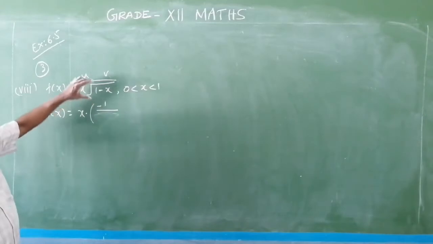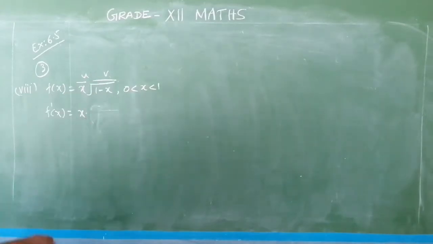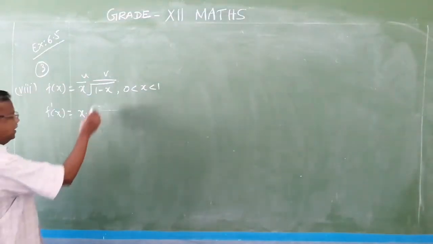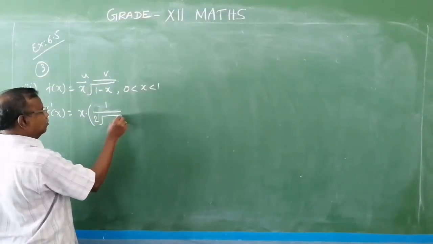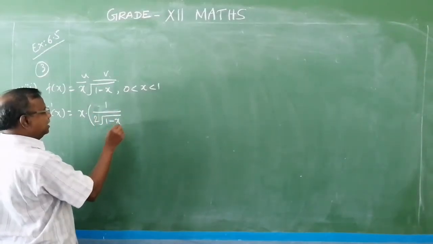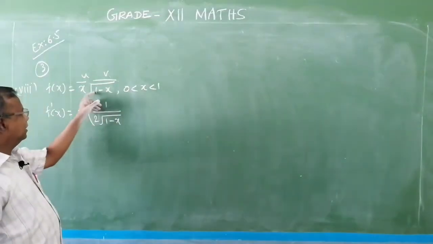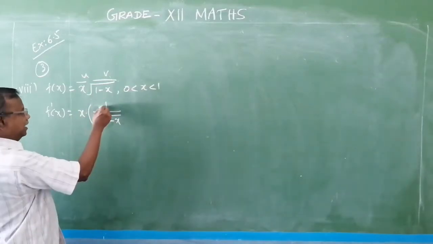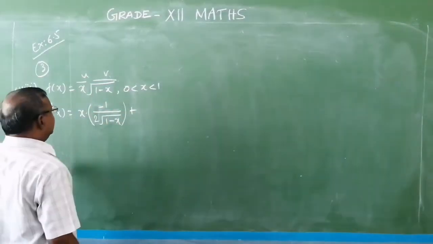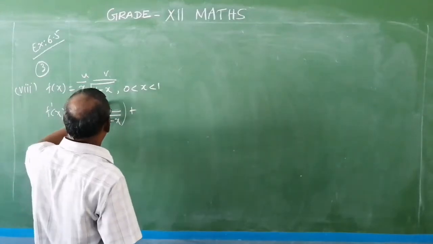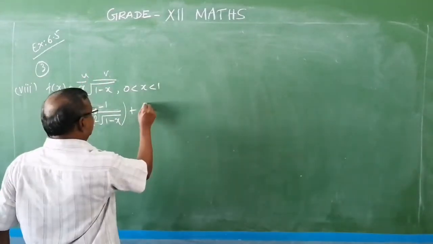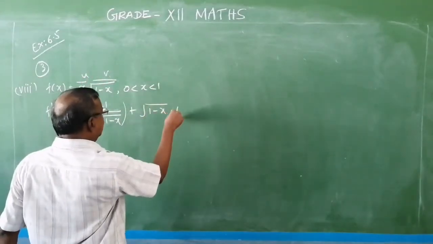That is, differentiating root of 1 minus x, it will become 1 by 2 into root of 1 minus x, and differentiating the inside function again, we have minus 1, so it is minus 1 by 2 into root of 1 minus x, plus v into u dash. Now u into v dash, again v into u dash, that is root of 1 minus x into 1.